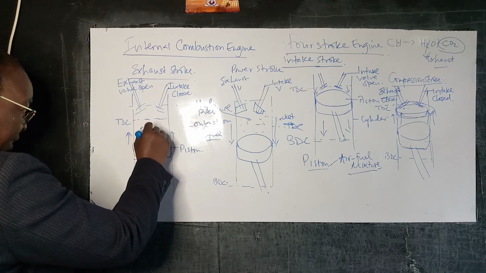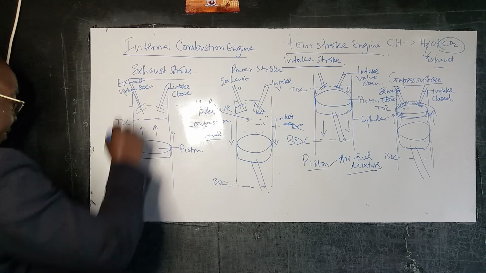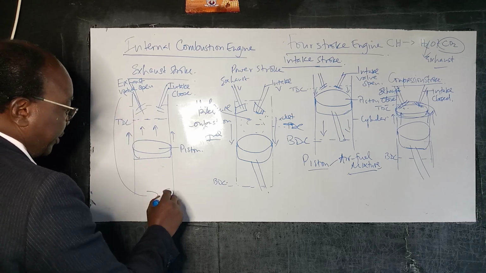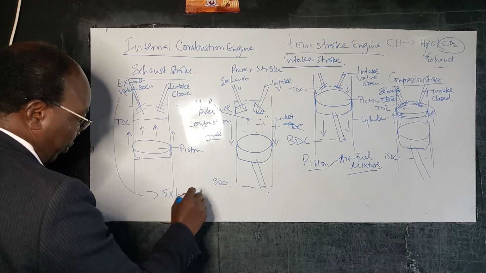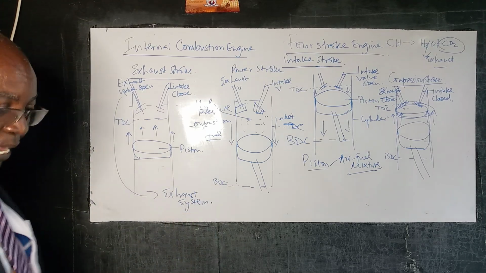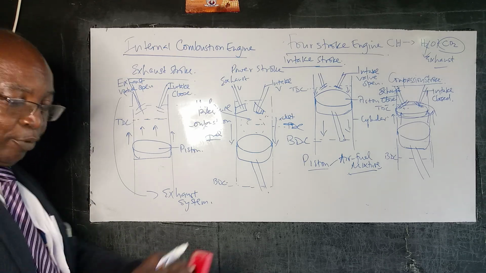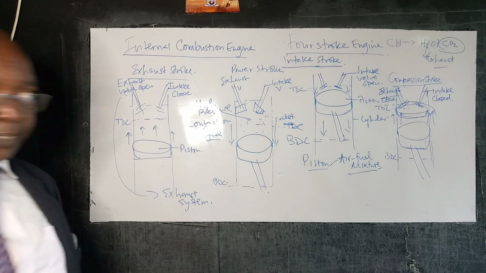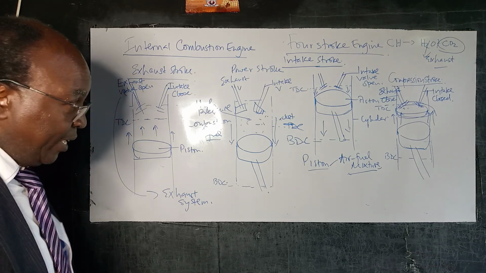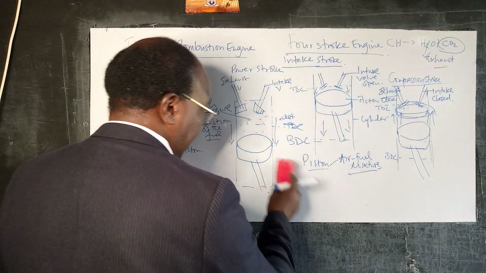They are compressed, and of course they exit through the exhaust valve, which leads into the exhaust system. If you look at the tail end of your car, you'll always see that pipe. That's called the exhaust pipe. But the exhaust pipe also has a whole system. It's not just the pipe you see at the tail of the car. It has several things there which facilitate this whole process.